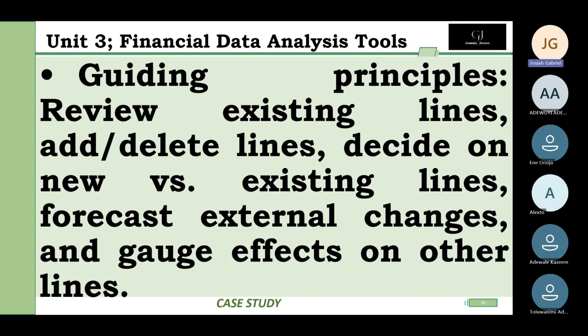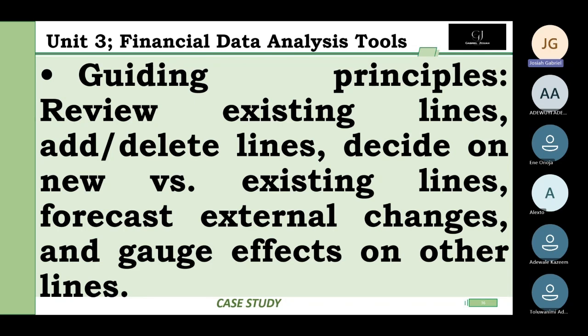One of the lines the Nigerian Bottling Company bought when another company couldn't continue using that product is Limca. Limca was purchased from another company, and you can see that it's doing well in the market. And it's because of the research and development team of Nigerian Bottling Company that came and forecasted external changes, gauged effects on other products, and brought that product up.